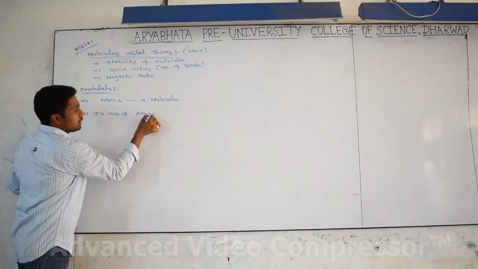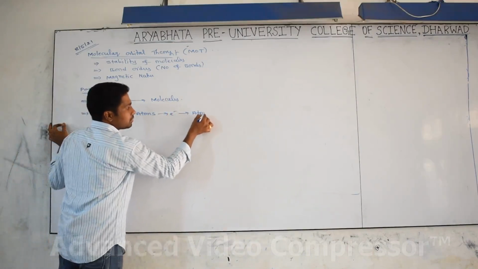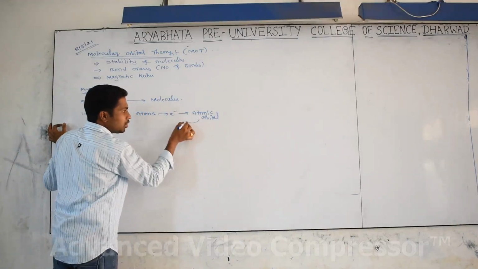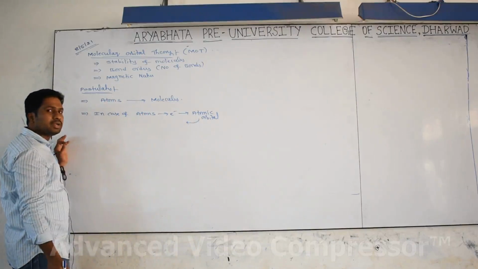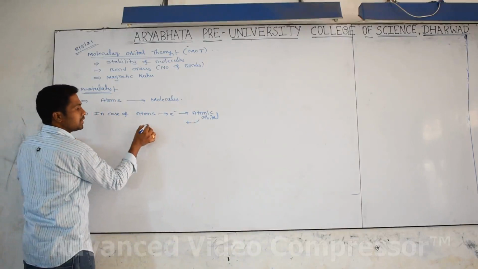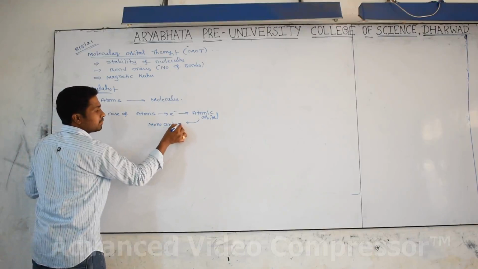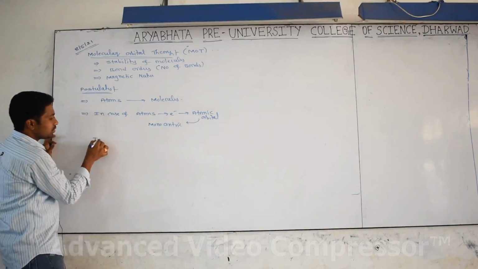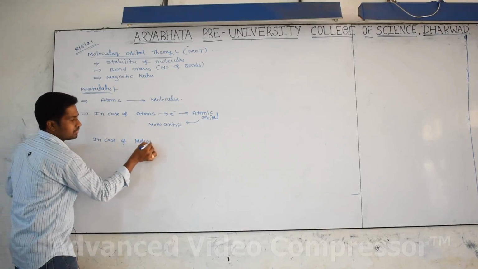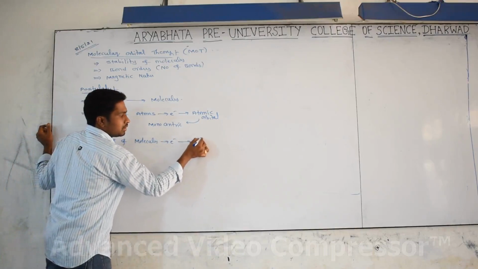Next point, in case of atoms, electrons enter into which one? Atomic orbital. Is the atomic orbital monocentric or polycentric? An atom is single, so the electron is influenced by a single nucleus. That's why the atomic orbital is monocentric. But in case of molecules, electrons enter into which one?